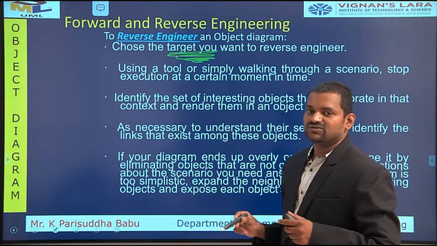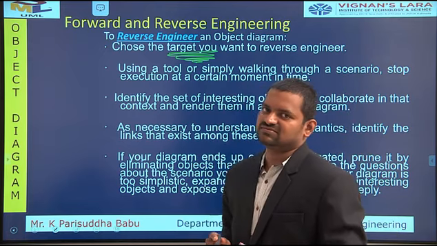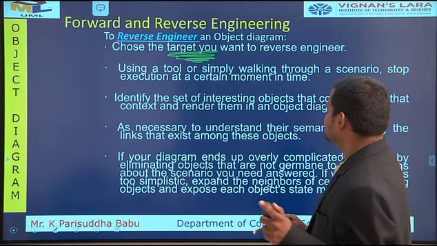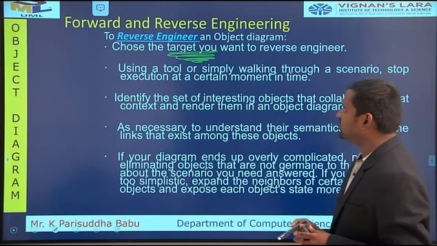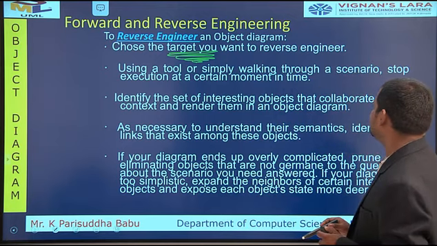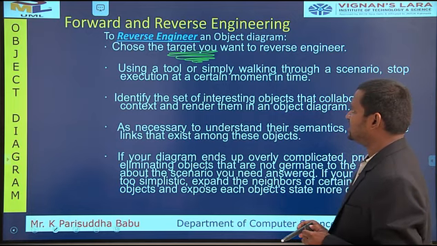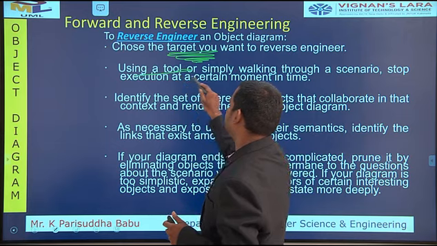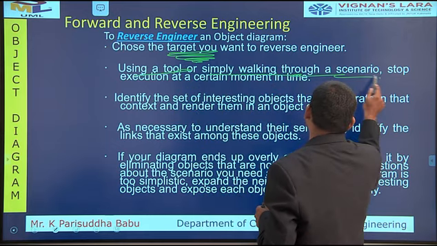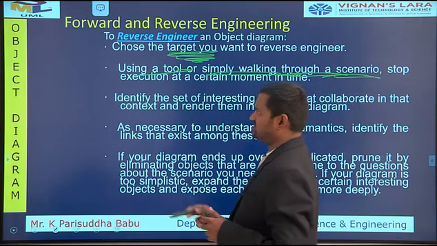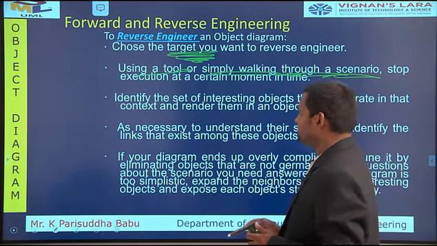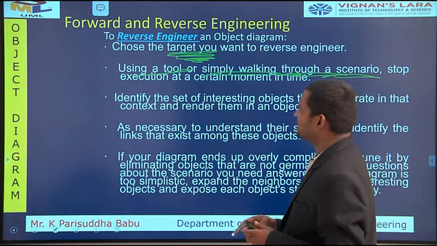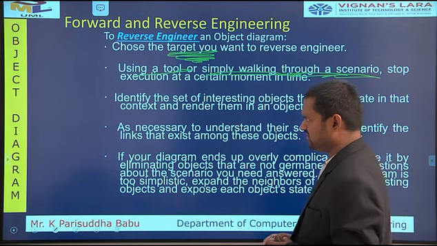You have to design a particular system, so choose the target. In reverse engineering, using a tool or simply walking through a scenario, stop execution at a certain moment in time. With the help of the identified objects, you can stop execution for a certain moment.